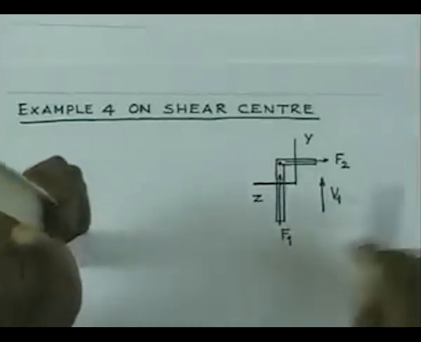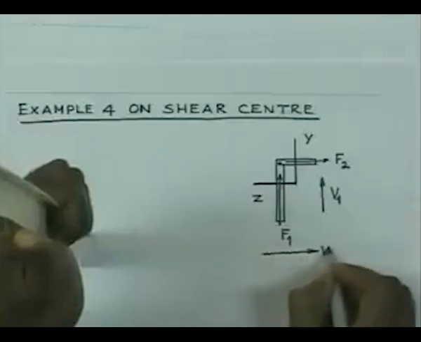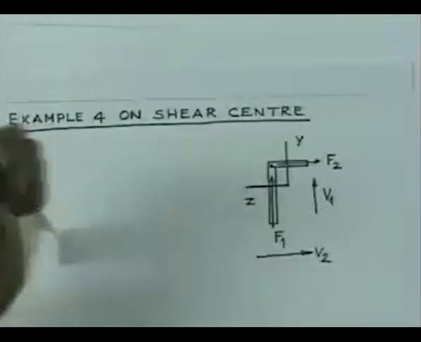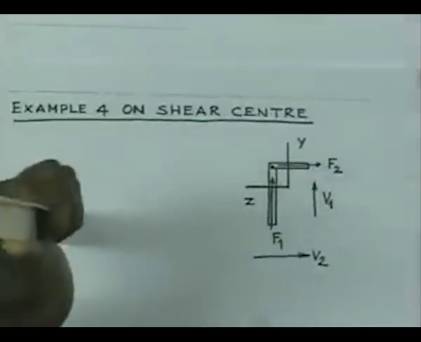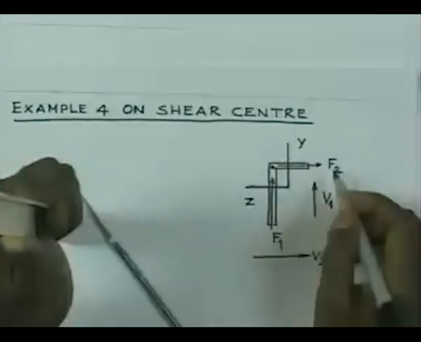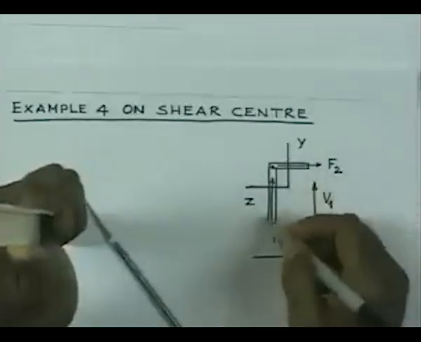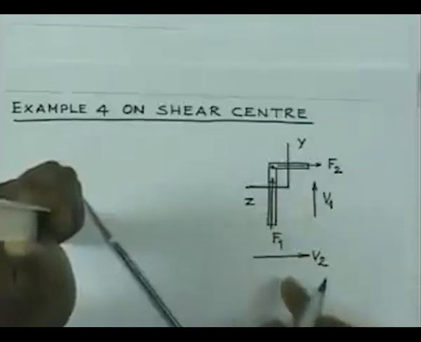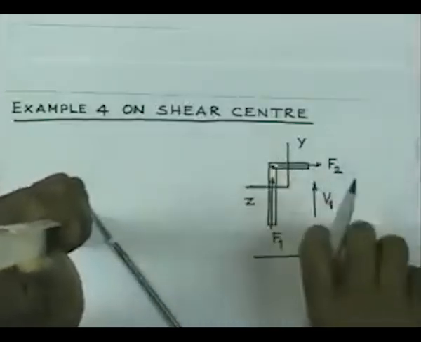Similarly, if you are now trying to consider that the loading plane is like this, which is parallel to the other arm, then in that case again I am going to get forces like this, F2 and F1, of course, the magnitudes will be different, and if I have to balance the moment, I must see that this line of action passes again through the common point.